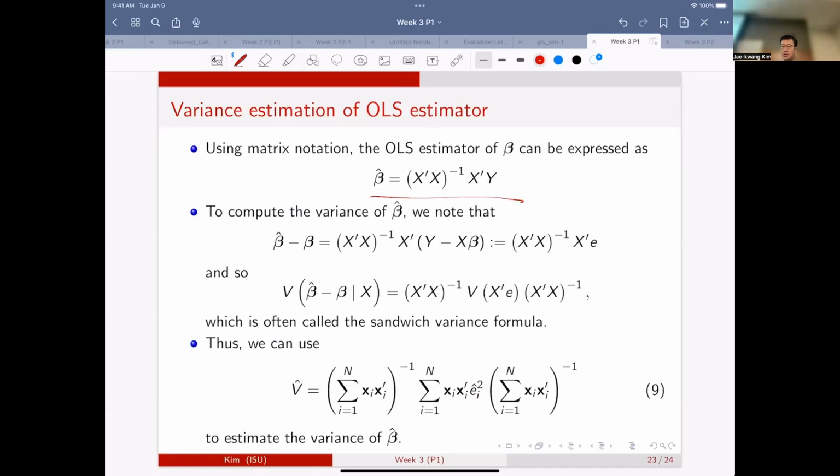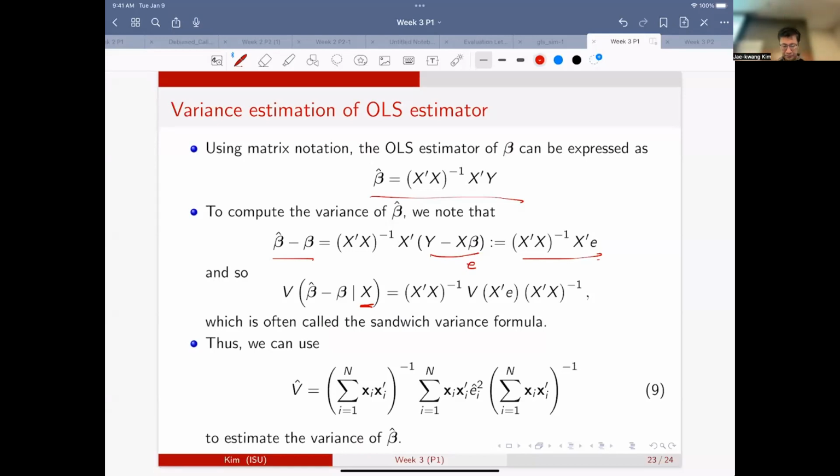Using matrix notation, we can write the OLS estimator as something like this. Then the error term can be written as E, so you can get this. And Ei is a random variable. So conditional on X, the variance is (X prime X) inverse, the variance of this guy, and X prime, right?